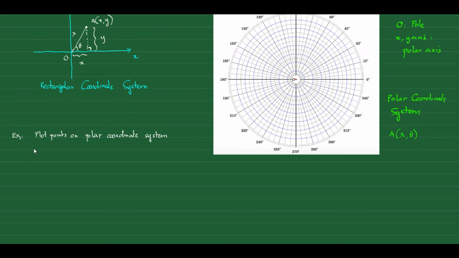Point A: 4, 45 degrees. B: -6, 45 degrees. C: 7, 240 degrees. And D: 3, 30 degrees.